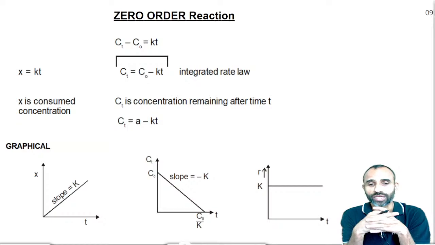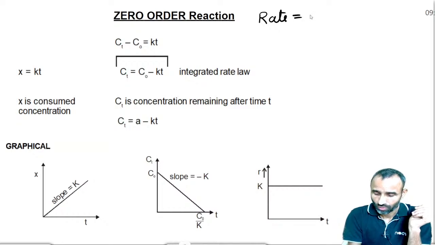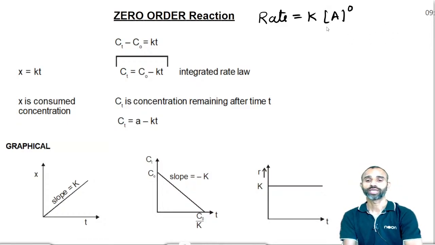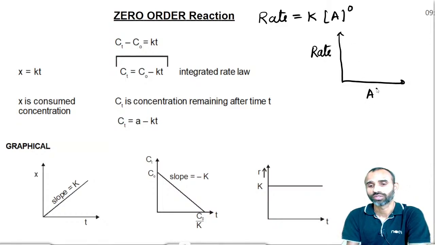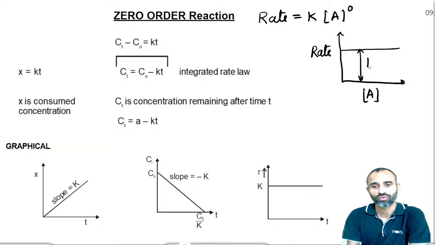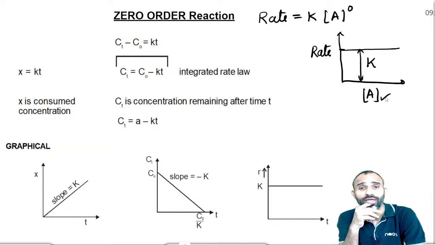Now the zero order reaction. For a zero order reaction, rate is equal to K A raised to power 0. It is independent of the concentration. So if we plot a graph of rate versus concentration, it is constant, its value is equal to K. This is K and it remains K even if we change the concentration.